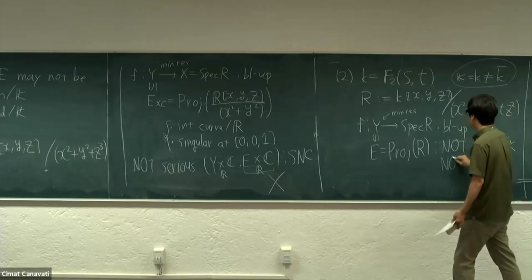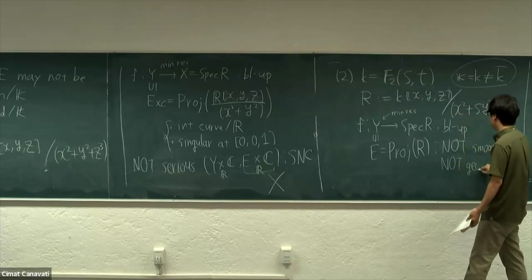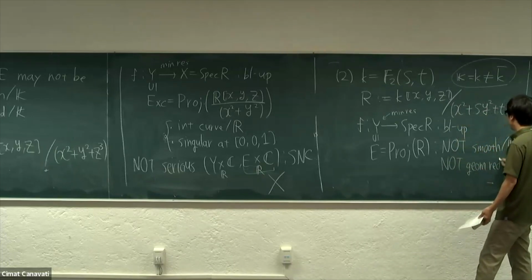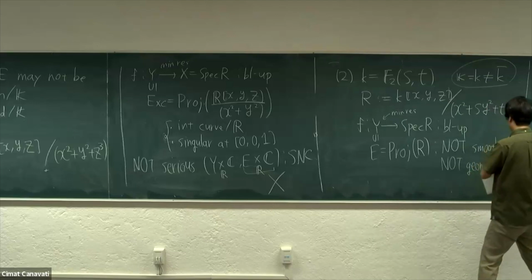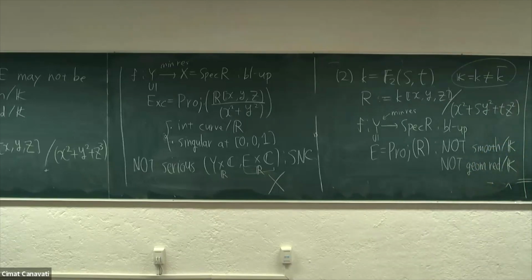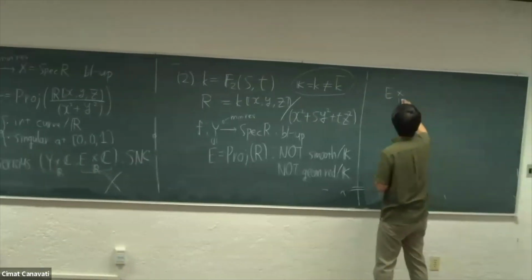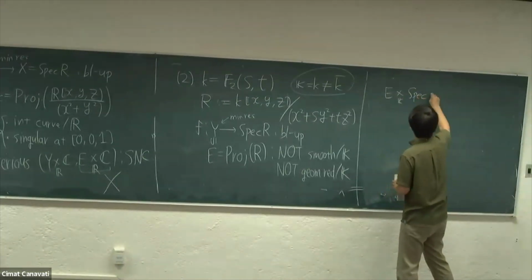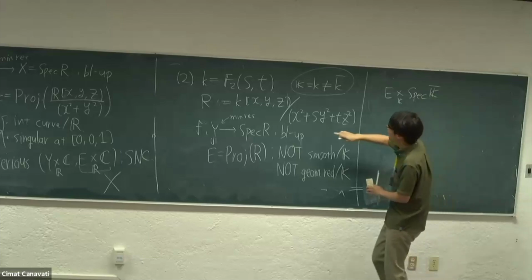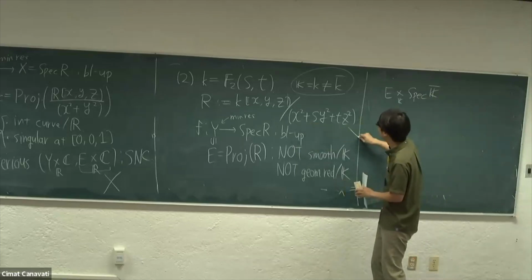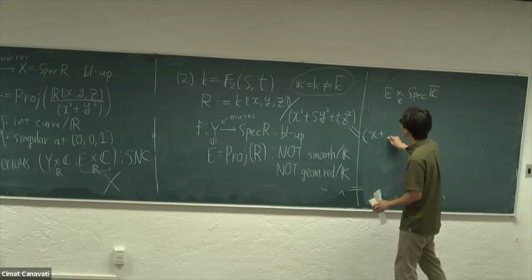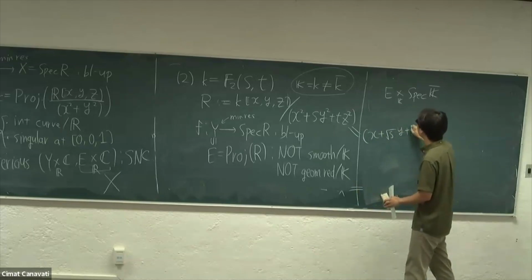And even worse, this is not geometrically reduced over kappa, because the base change of this curve to the algebraically closed field becomes this.